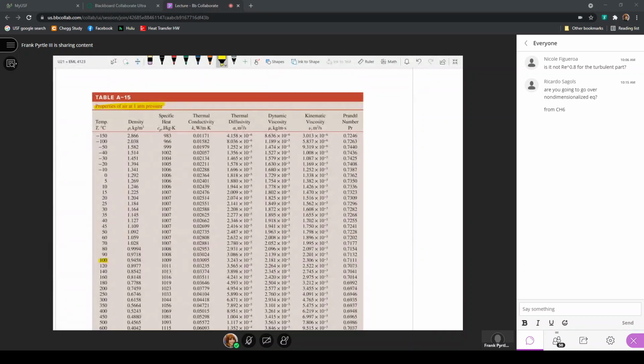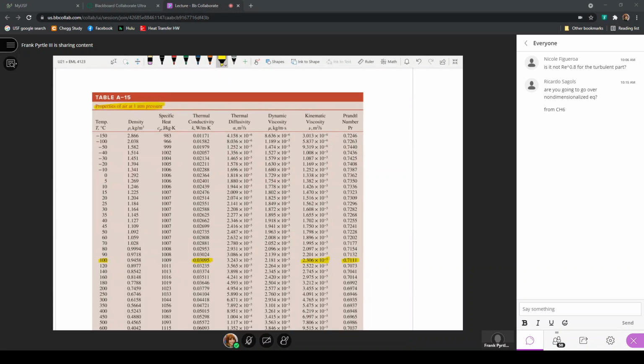So here the thermal conductivity, the kinematic viscosity, and the Prandtl number. Now, particularly here, notice the large difference in the Prandtl number. The Prandtl number is 0.7111 compared to, I think it was 279.1.